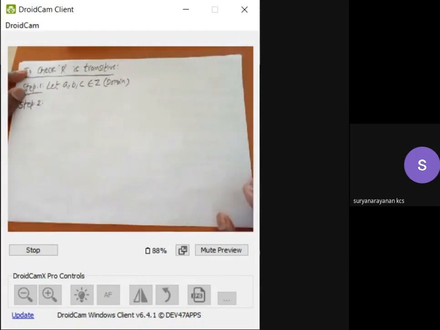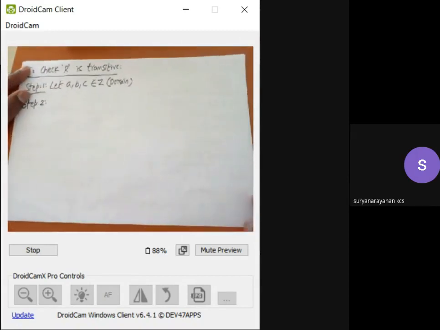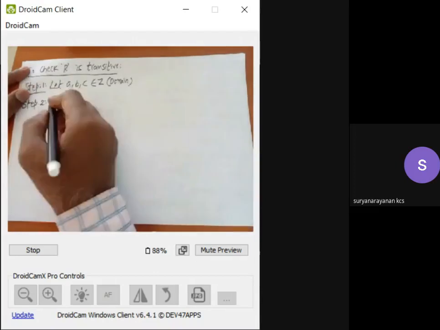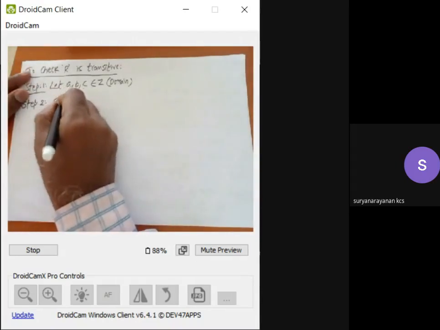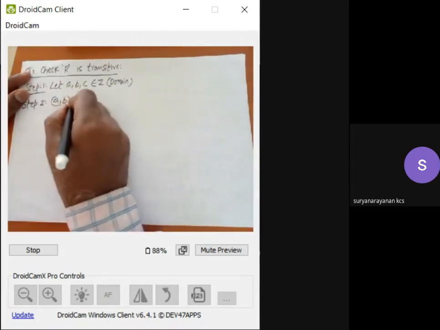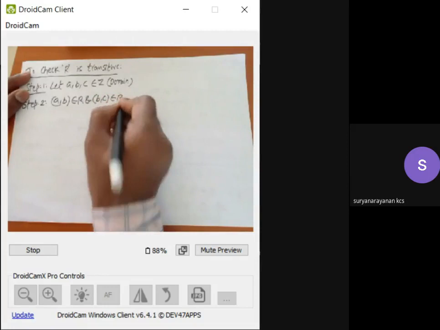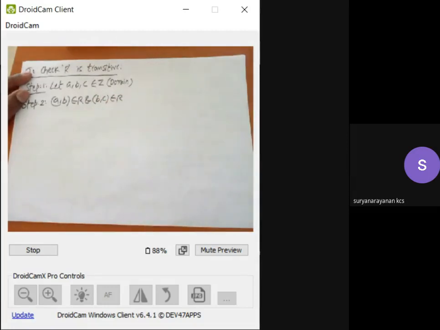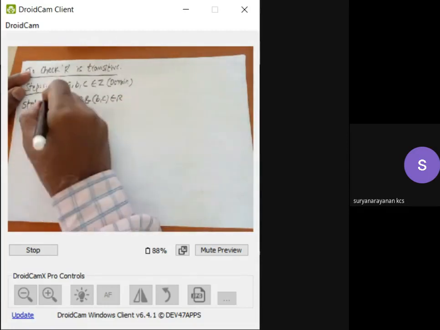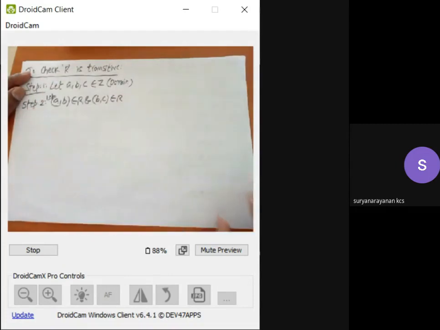Step 2. After choosing 3 arbitrary numbers from the domain, we have to assume that ordered pair a comma b belongs to R and ordered pair b comma c belongs to R. Okay, my dear children.